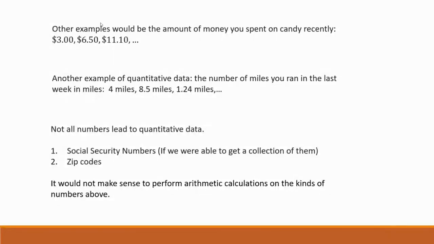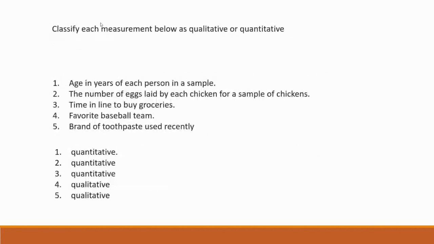So again, not every number is an amount. So not all numbers lead to quantitative data. Here's a quick example: age in years of each. We're classifying if each measurement here is quantitative or qualitative.